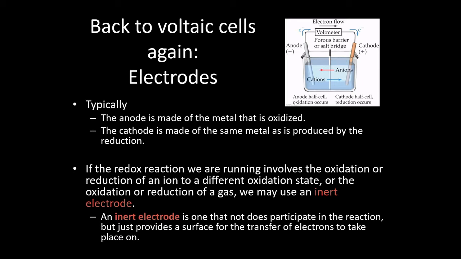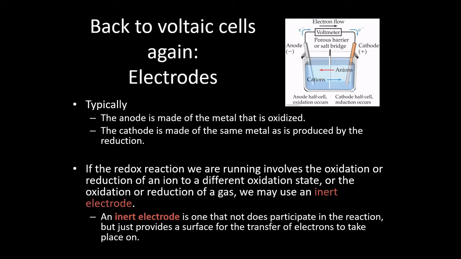It is physically impossible to stick a piece of hydrogen gas into a solution. So instead, we need something for the reaction to take place on. We need some kind of inert surface where the reaction can take place and still be in the solution. And that's what an inert electrode is for.